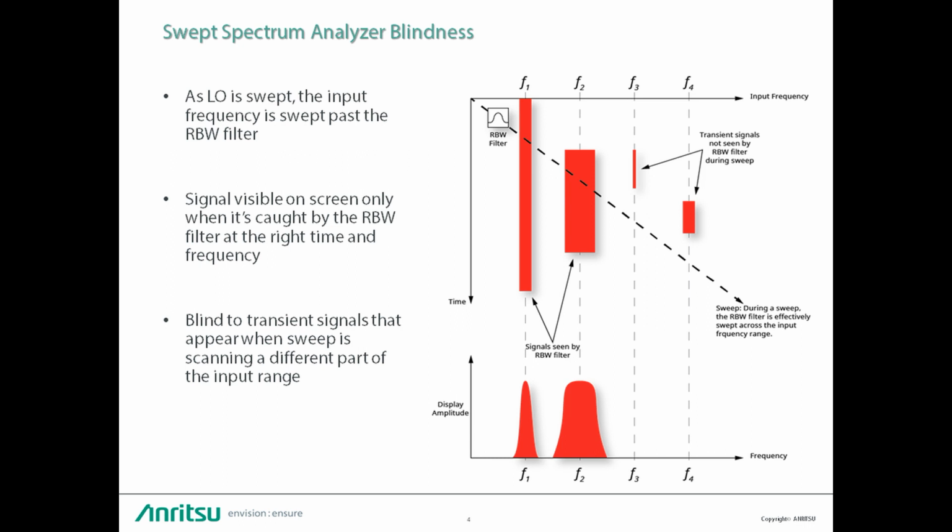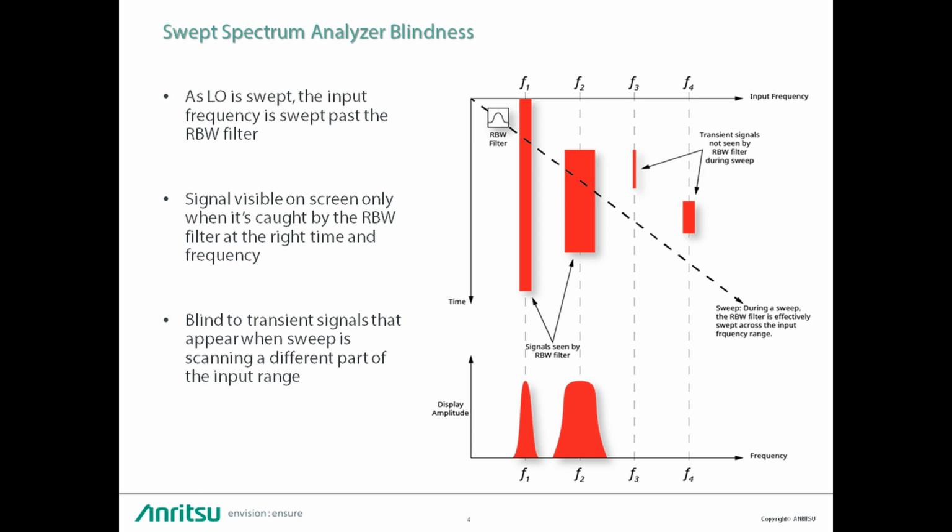On this drawing, if we represent 4 carriers in frequency, with a time axis vertical, we see that the local oscillator takes some time to sweep across the band from frequency 1 to frequency 4, for instance. And if the RBW doesn't scan the frequency at the correct time when the carriers are present, it won't be seen on the display.